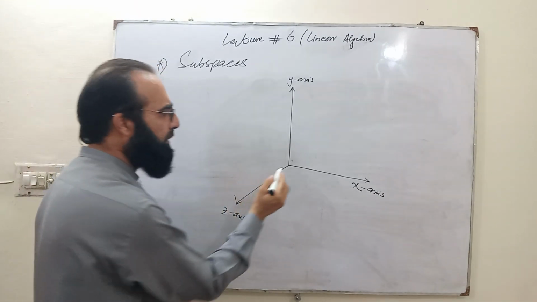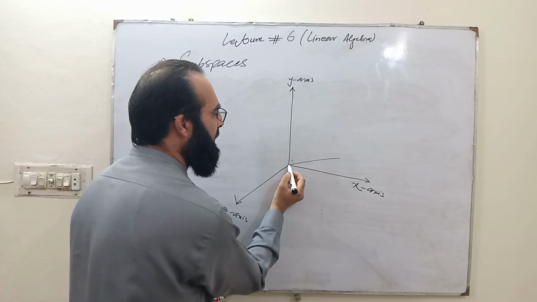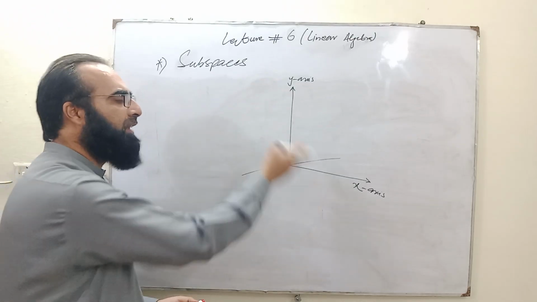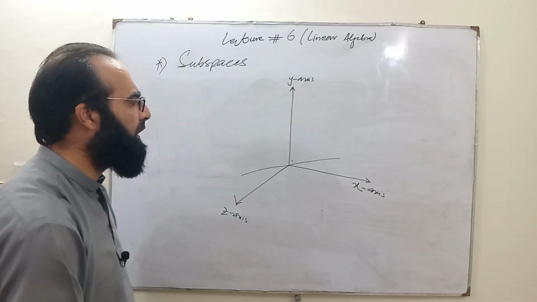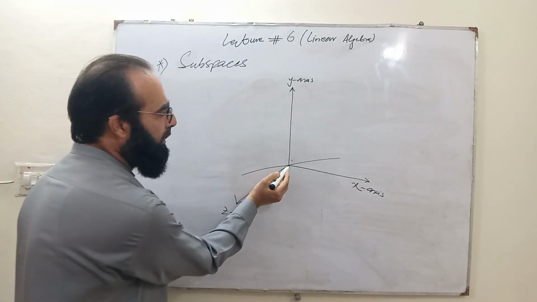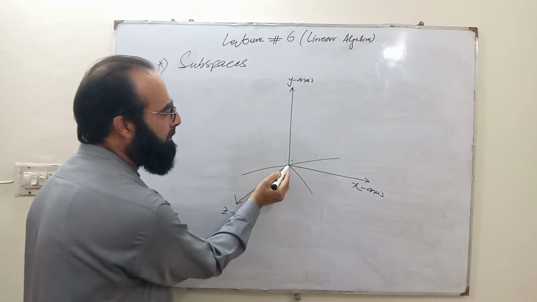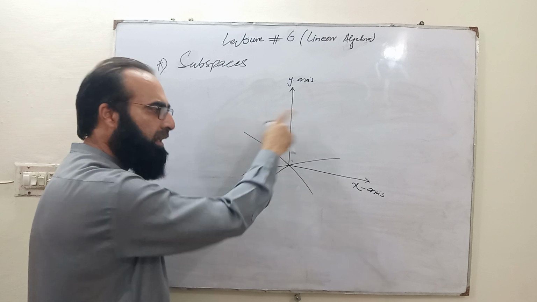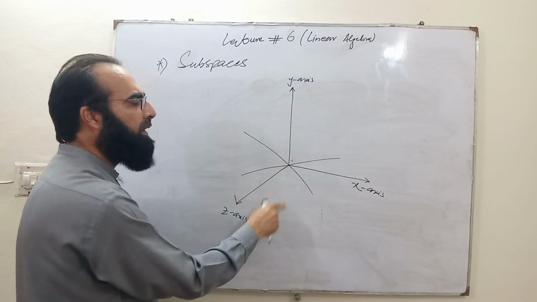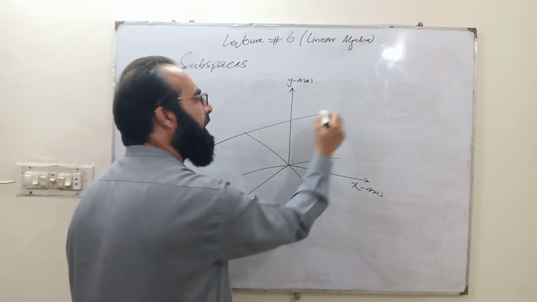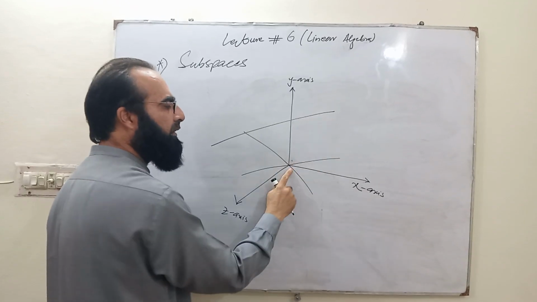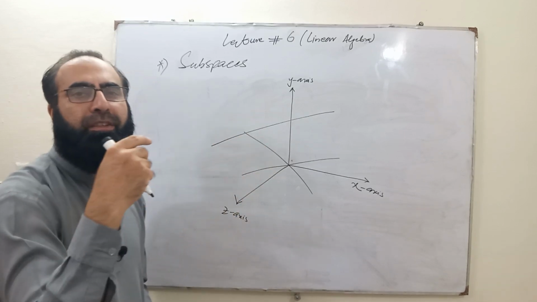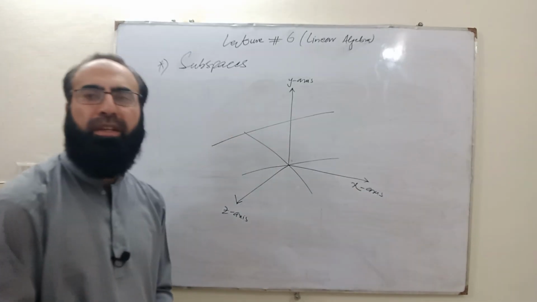In previous examples, we studied that a straight line passing through the origin forms a subspace for this xyz space. Look at this straight line. This straight line will also form a subspace for the xy plane. But if we take this straight line, since it is not passing through the origin, this straight line will not make a subspace for this xyz space.